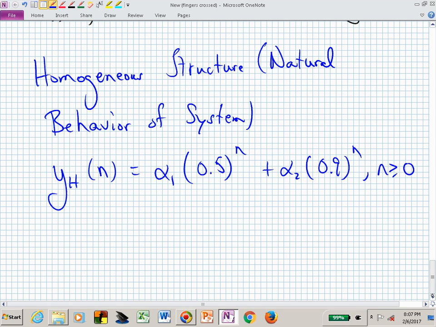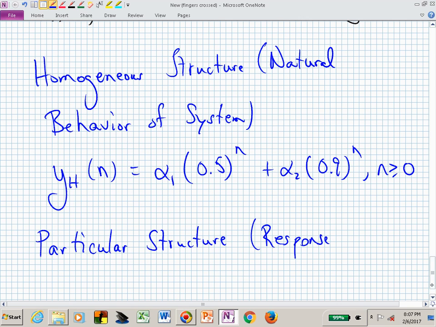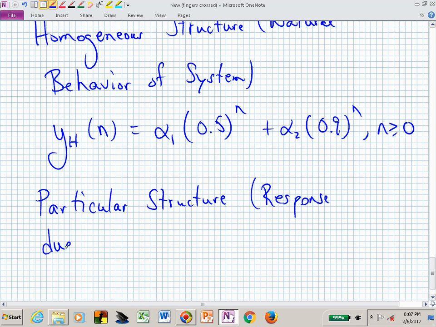What about the particular structure? That's what results from the particular input, or the response due to the forcing function or functions.